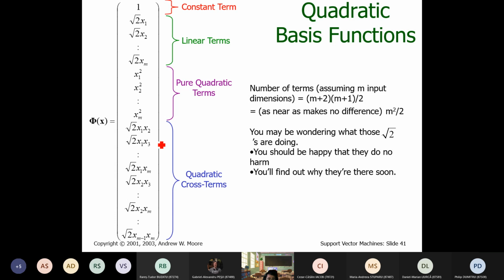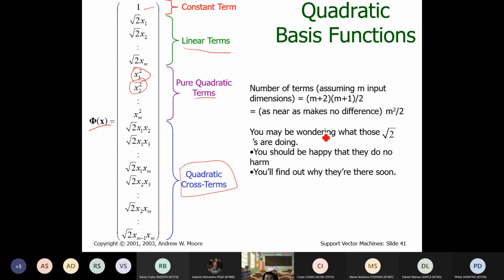Suppose that we have a basis function that looks like this. We have m dimensions for the basis function, and let's suppose that we have these terms. We have a 1, which is a constant. Then we have some linear terms. We have some pure quadratic terms where we have only one dimension squared, and we have some quadratic cross terms.